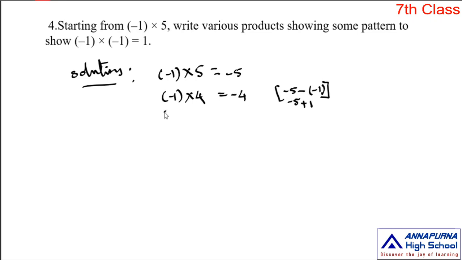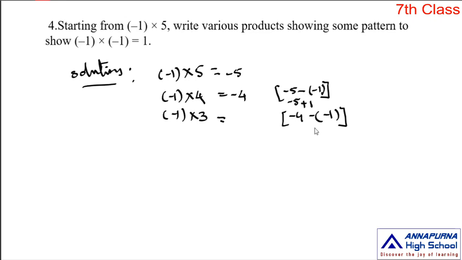Like that, minus 1 into 3 is again decreased by minus 1. Minus 4 minus of minus 1 is equal to minus 4 plus 1, because the additive inverse of minus 1 is 1, and you add this 1 to the minus 4.